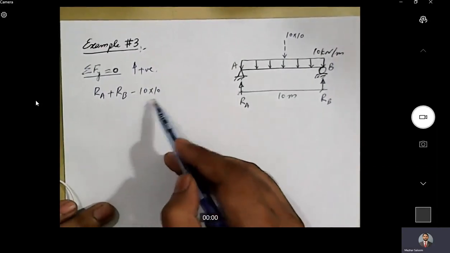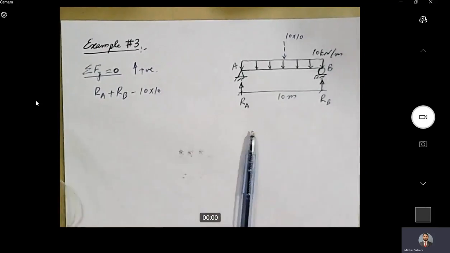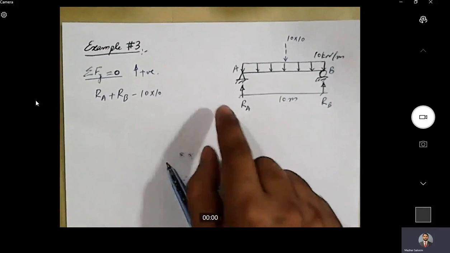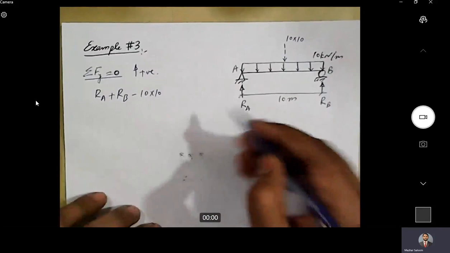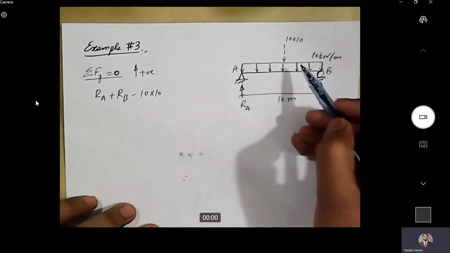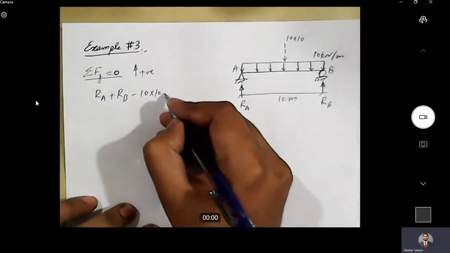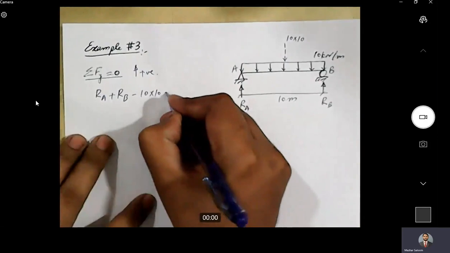So the resultant of the UDL is equal to the area of this rectangle. Okay, and let's put it equal to 0.